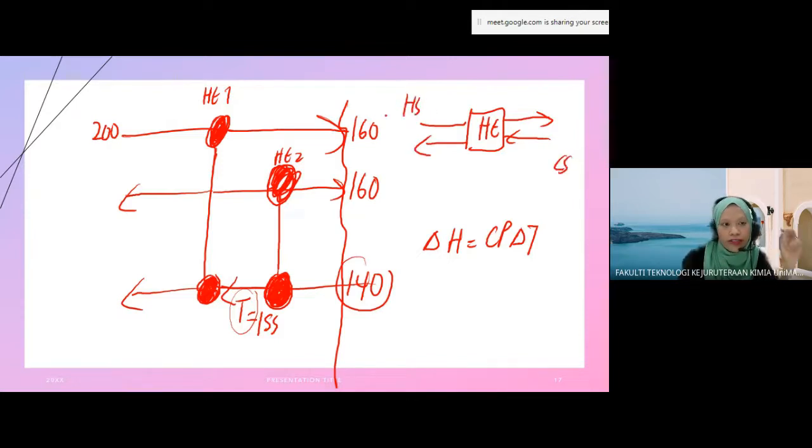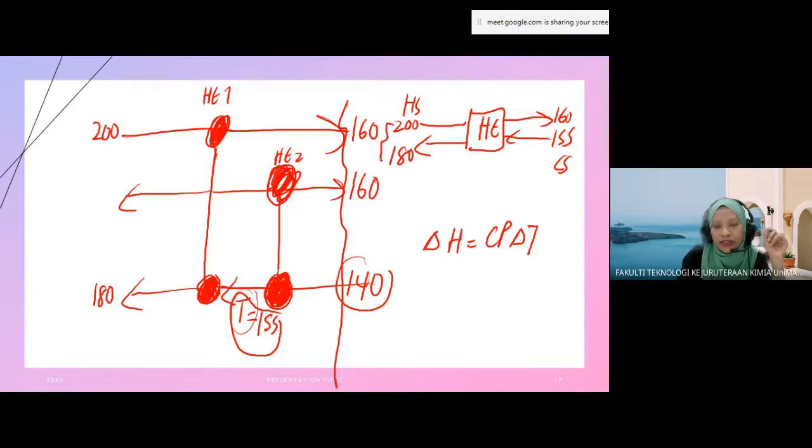Your hot stream supply temperature is 200, and the exit temperature is 160. And at this stream, looking at the pairing of heat exchanger 1, for example, your T entering the heat exchanger is 155, exiting, for example, 180.